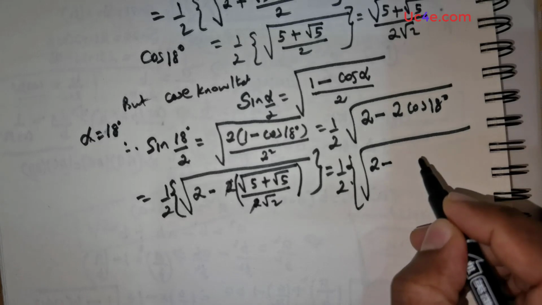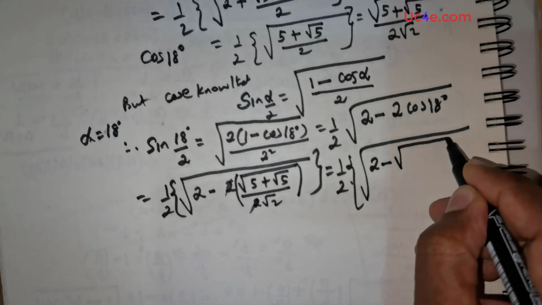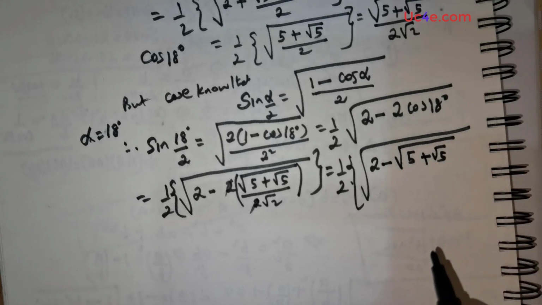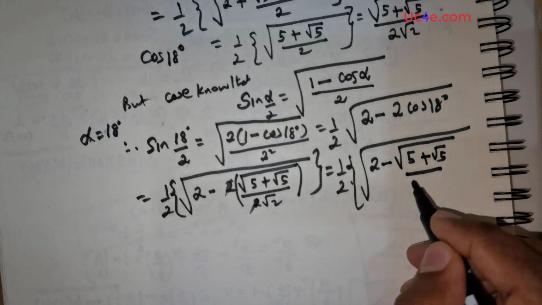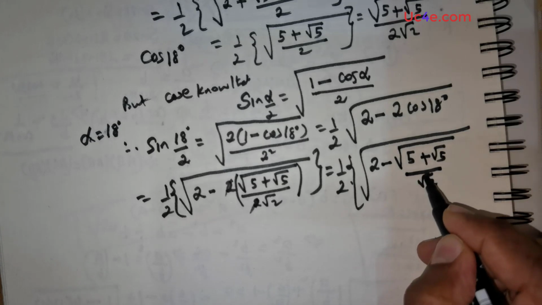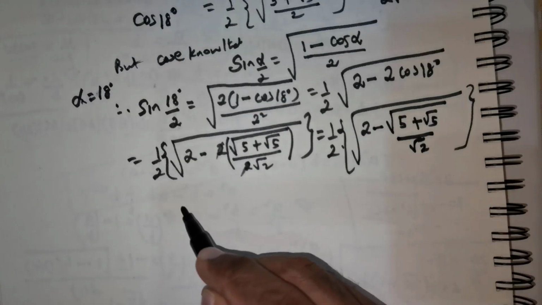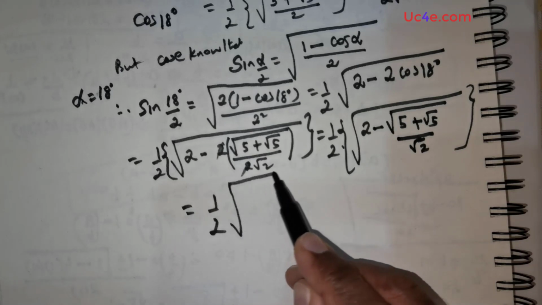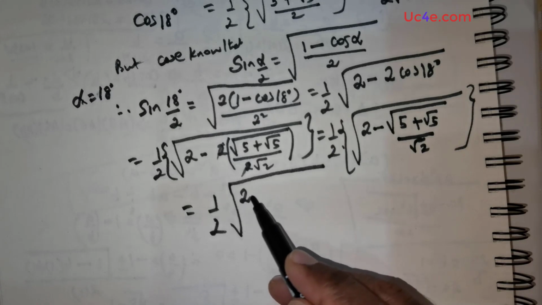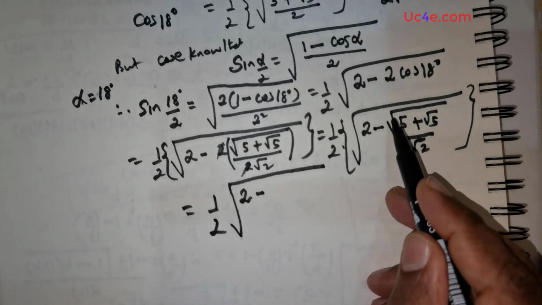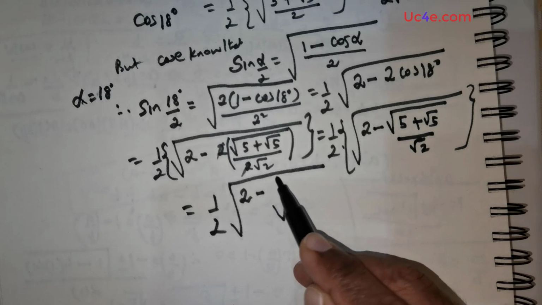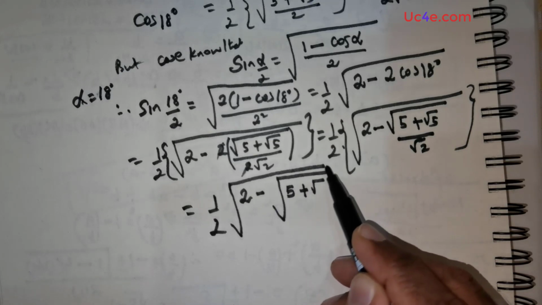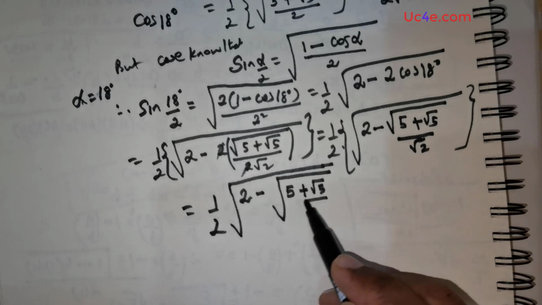So 2 minus the square root of 5 plus root 5 divided by root 2. So this is what we have got. We would just rewrite this in the following fashion: 1 over 2 times the square root of 2 minus, I will bring the square root like this and rewrite it as 5 plus root 5 divided by 2.